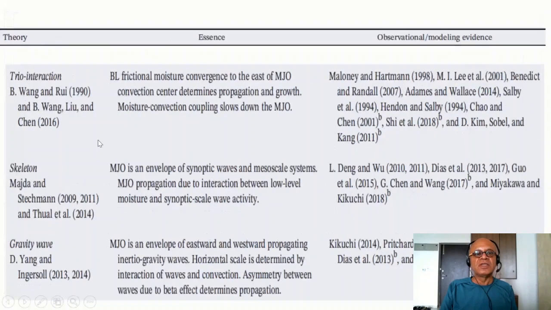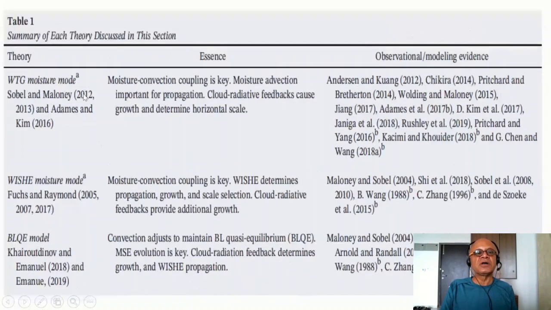For example, the weak temperature gradient assumption is from empirical evidence, but is it necessary for the fundamental MJO, and are the moisture modes necessary, or can a dry atmosphere also produce intraseasonal variability that is similar to the MJO? It turns out that in fact winds do have intraseasonal variability that is not related to moist processes, so that has to be explained as well.